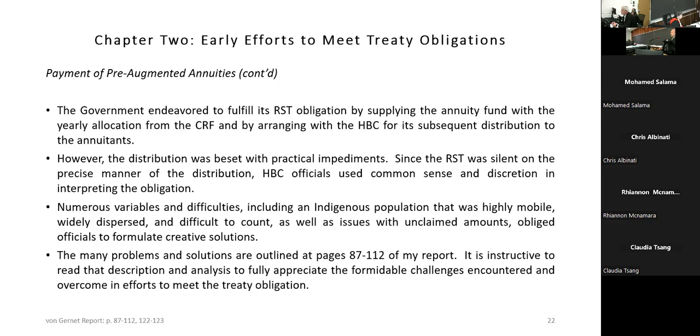Yet another issue is related to the mobility of these bands. And as I said, these are primarily hunter-gatherers who have a foraging mode of subsistence that takes them on a seasonal round through vast territories, and they're not always to be found, and they don't always show up at the posts.